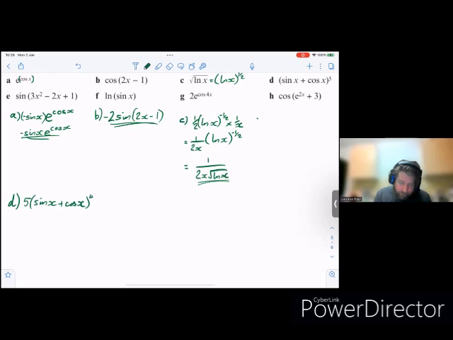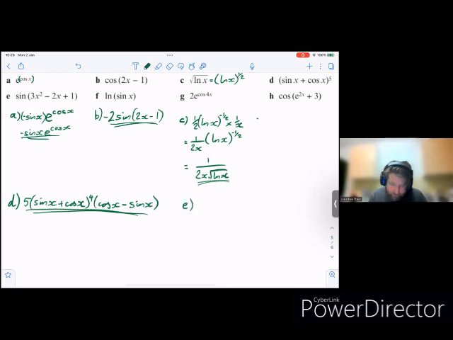And then we multiply that by the derivative, which is cos x, because sine x differentiates to cos x. Cos x differentiates to minus sine x. So that's the solution there. By not writing the times symbol, I've allowed myself to just have the final answer in one step.